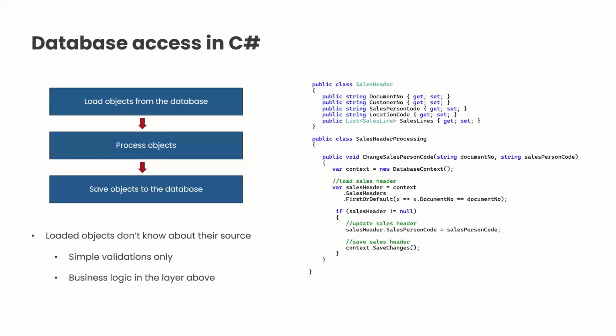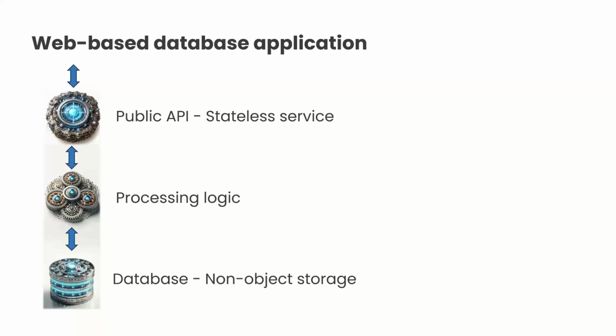It will use this data access layer to load the data, process it, and then use those classes from the data access layer to save the data back. So as you can see, you have this separation. You don't have logic in the sales header, because it doesn't know where the other tables and objects are. That's how this web-based database application in C# will look.